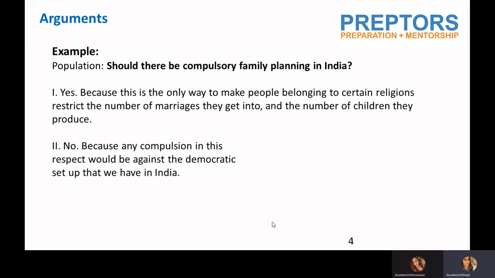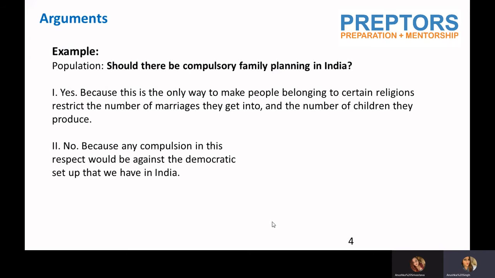The second says no, because any compulsion in this respect would be against the democratic setup that we have in India, right? Now what do you think should be my answer?